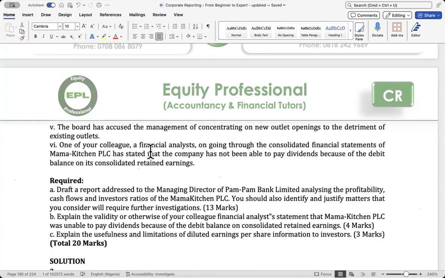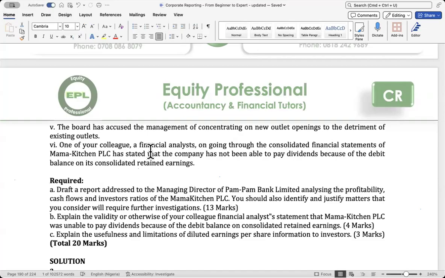Required: A, draft a report addressed to the managing director of Pam Pam Bank Limited, analyzing the profitability, cash flows, and investor ratios of Mama Kitchen PLC.